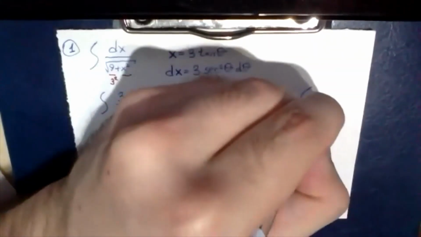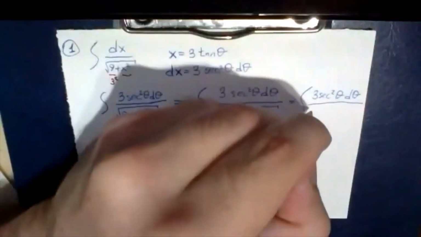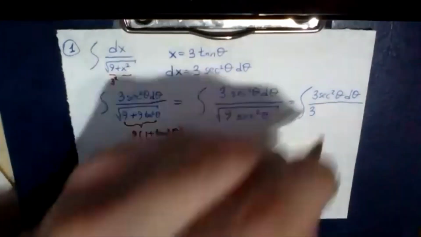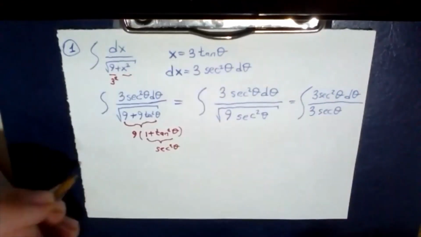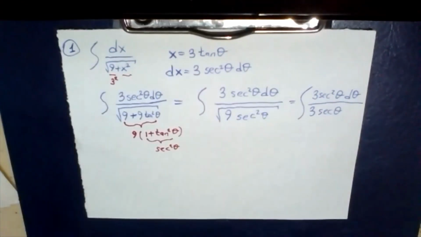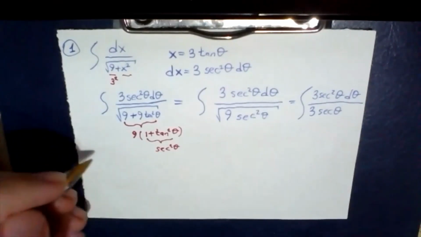What is that? 3 times secant squared theta d theta over square root of 9, which is 3, square root of secant squared, which is secant theta, and we are ready to make simplifications and integration.